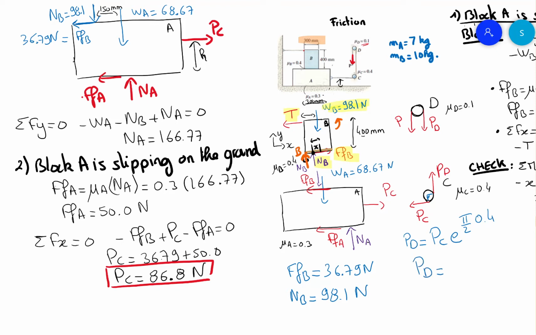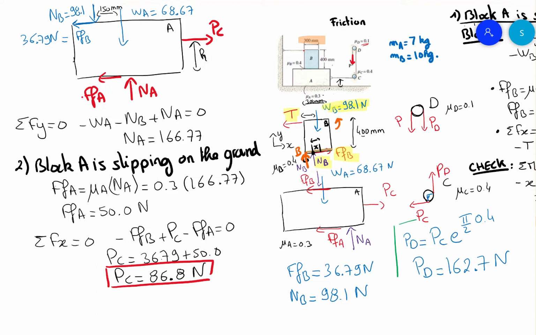So PD is equal to PC, that is 86.8, times the exponential of pi times 0.4 divided by 2. This is 162.7 Newton.